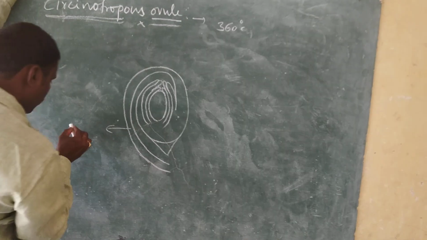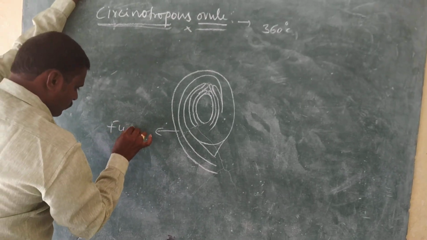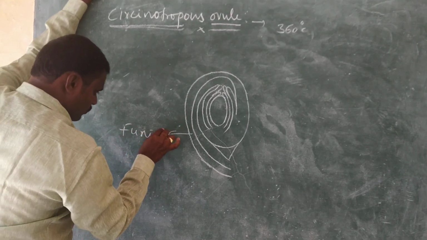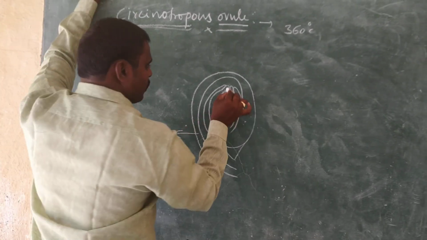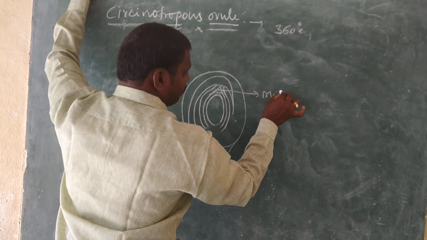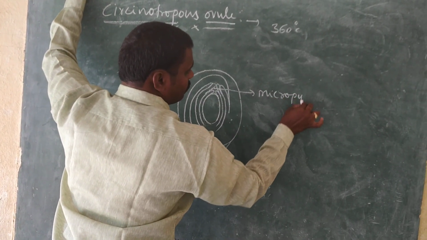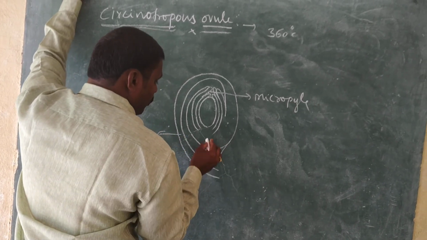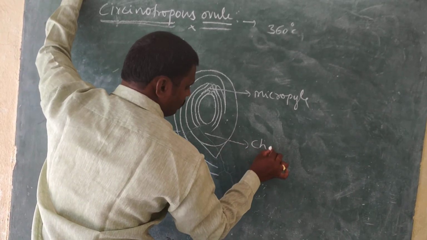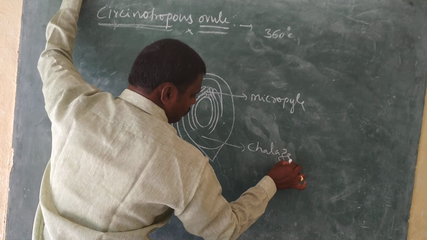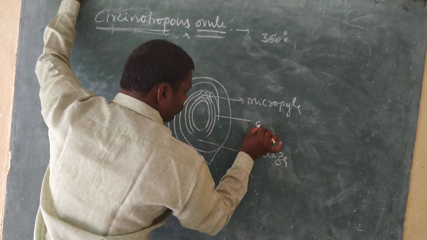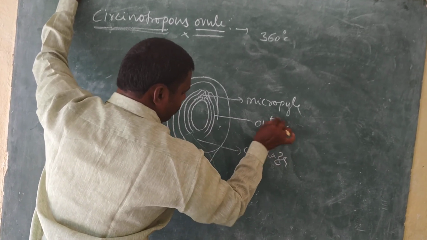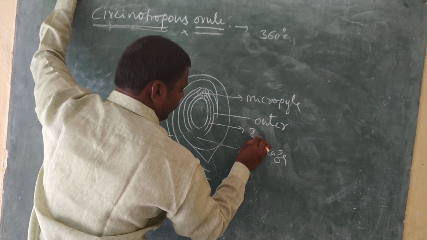So this is the funicle or funiculus, micropyle, chalaza, integuments, outer and inner integument.